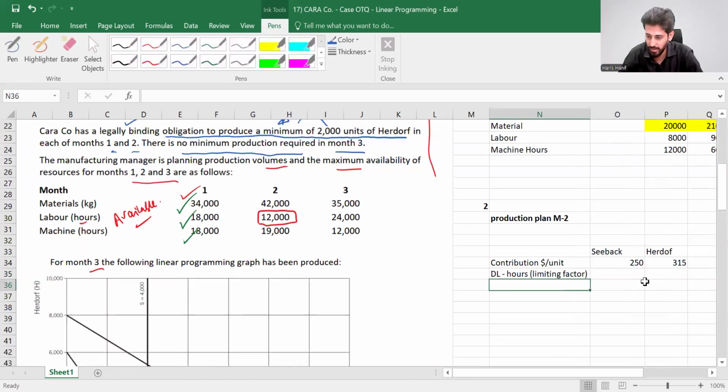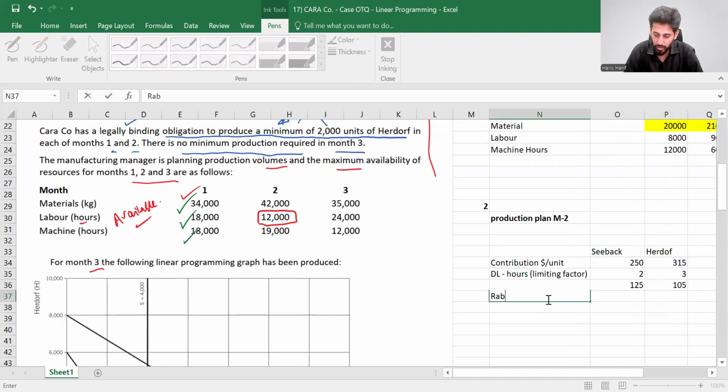Direct labor hours are the limiting factor, that is 2 and that is 3. So what is the contribution per limiting factor? Contribution divided by limiting factor.